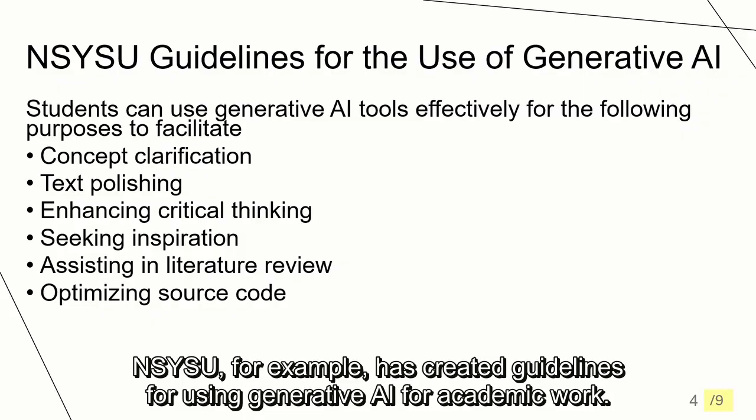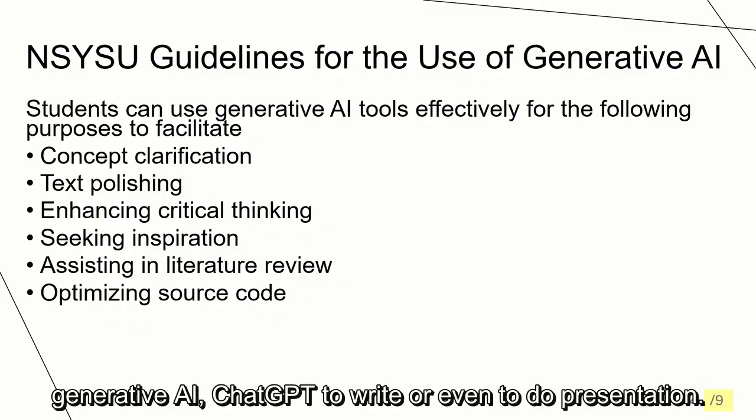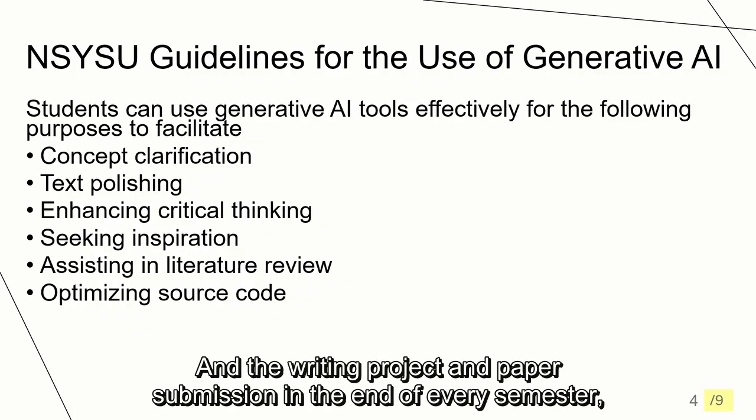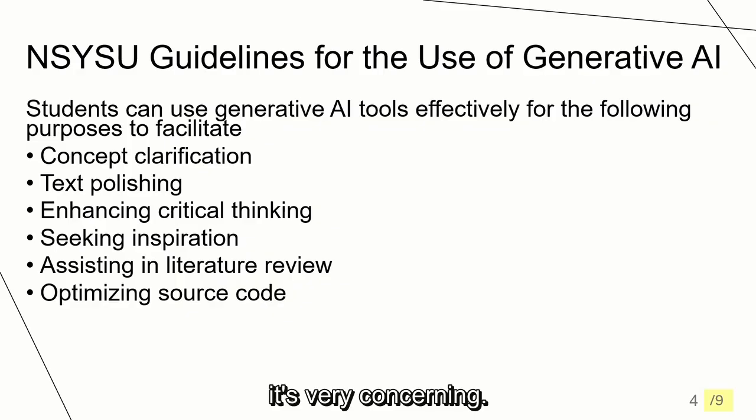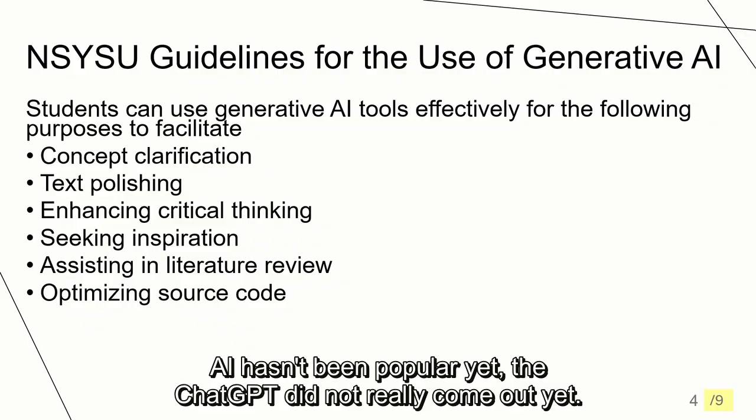NSYSU, for example, has created guidelines for using generative AI for academic work. Why? Because students now pretty much use generative AI, ChatGPT, to write or even to do presentations. And the writing projects and paper submissions at the end of every semester are very concerning. From my personal experience, I remember the first year when I came here, AI hadn't been popular yet.